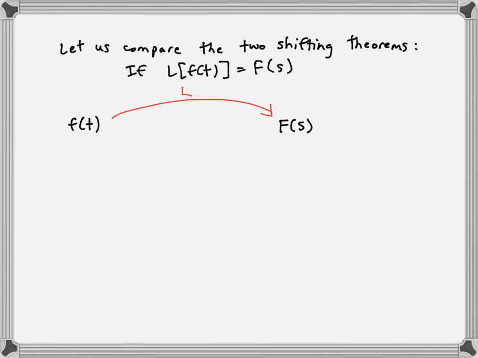And so the first shifting theorem says that if you apply the Laplace to e to the at f of t, you end up shifting your output to the right.